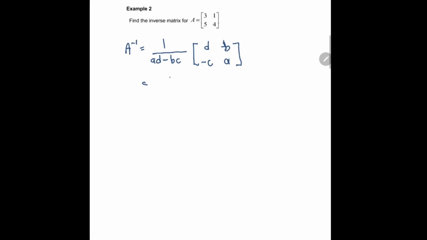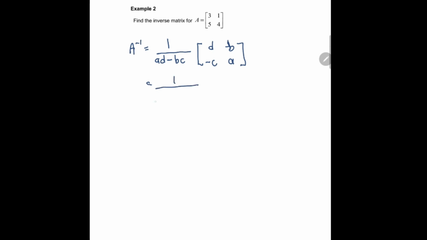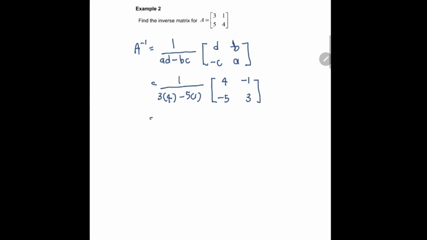Then ad minus bc will be 1 over 3 times 4 minus 5 times 1, times 4, negative 1, negative 5, and 3. Understand? And then we proceed, 1 over 12 minus 5 times 4, negative 1, negative 5, and 3.